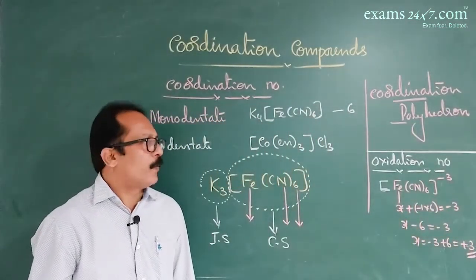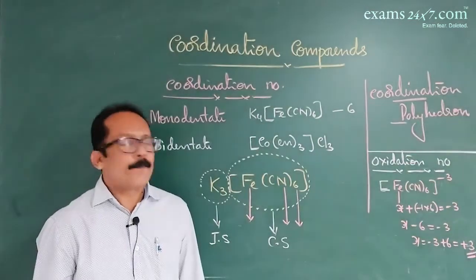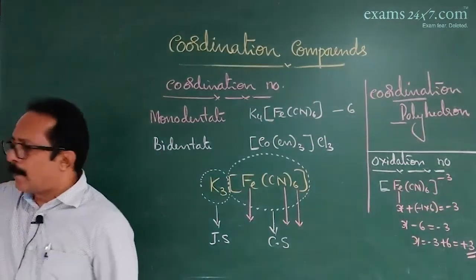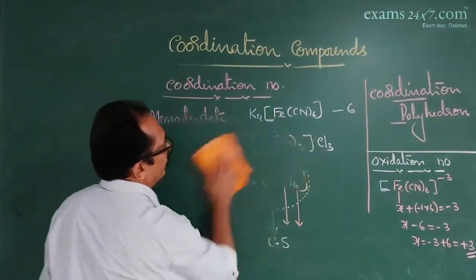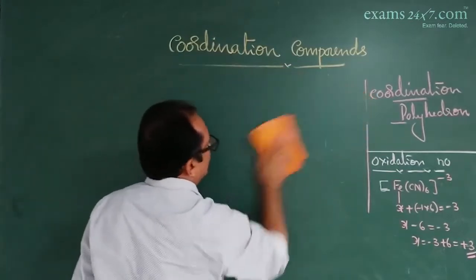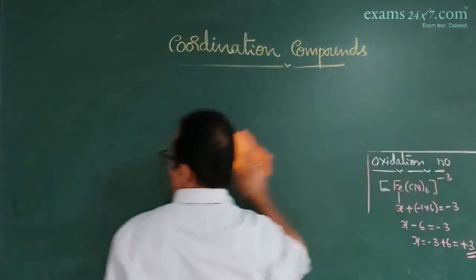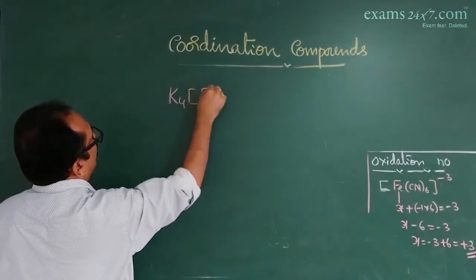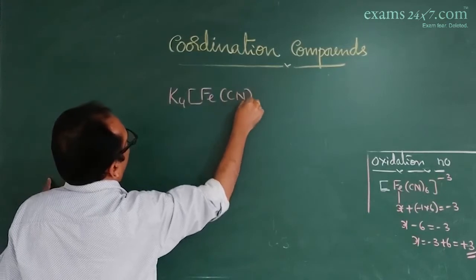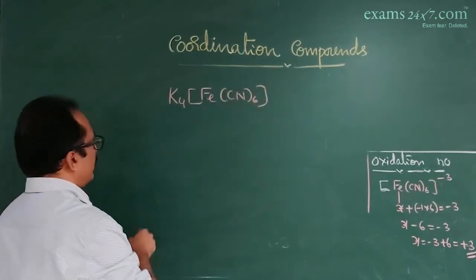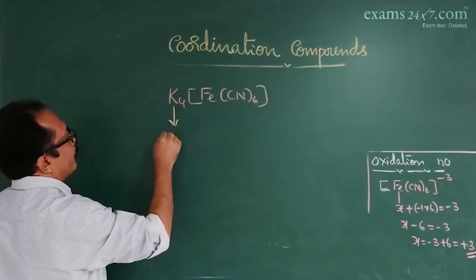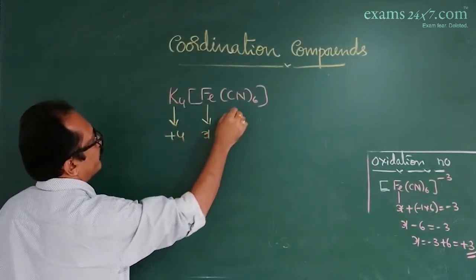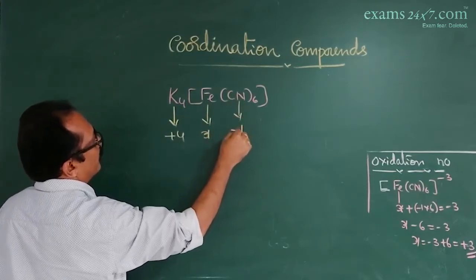If the complex is given, then the sum of the oxidation states is equal to 0. Take potassium ferrocyanide, K4[Fe(CN)6]. K is plus 1, there are 4 of them, and for iron we have to calculate x. Cyanide is minus 1.